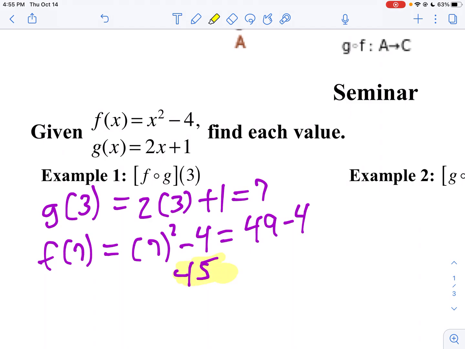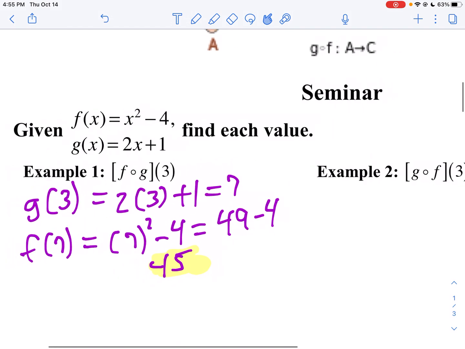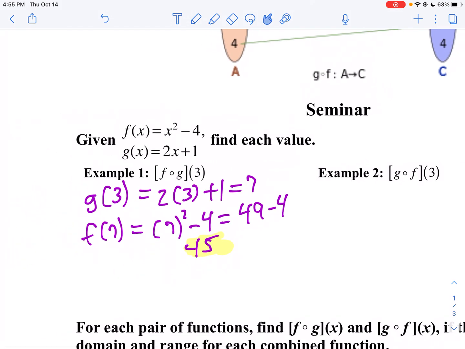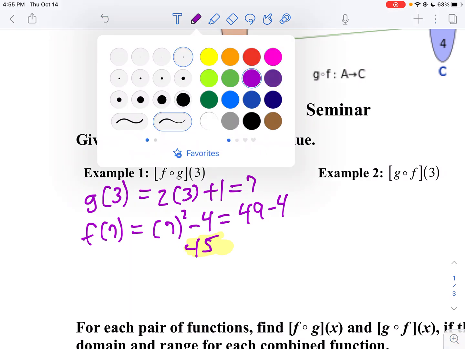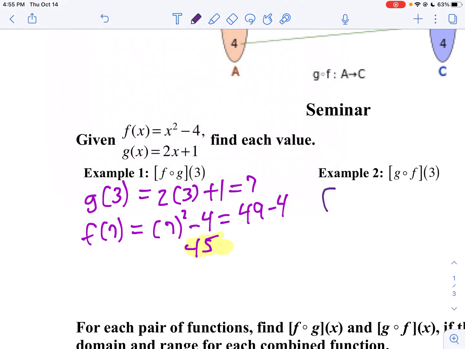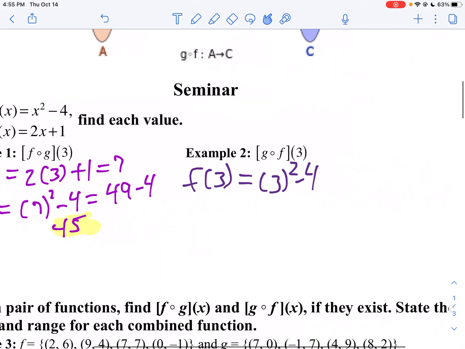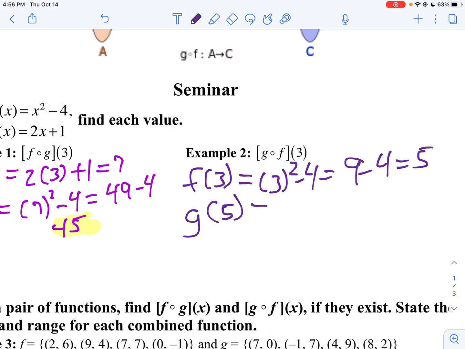Now you're going to find out it's not commutative. If we do it backwards, I want to find g of f of 3. So I'm going to start on example 2. First I'm going to find f of 3. And so f is x squared minus 4, or 3 squared minus 4. And 3 squared minus 4 is 9 minus 4, which is 5. Then I'm going to find g of 5.